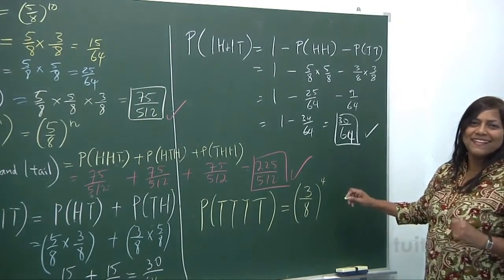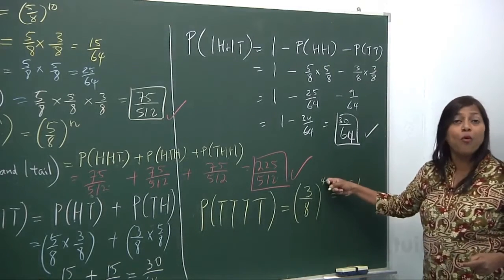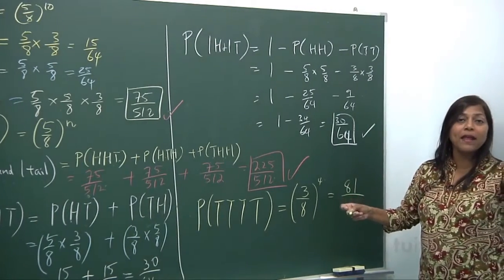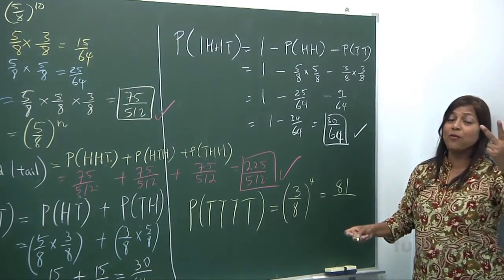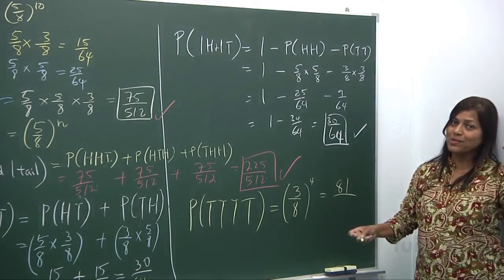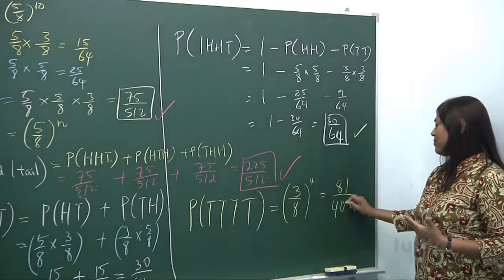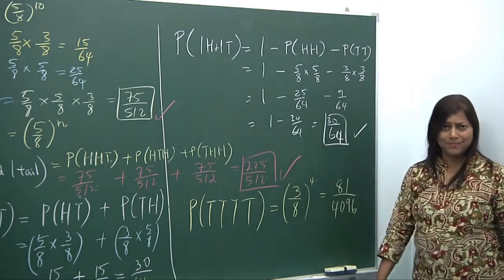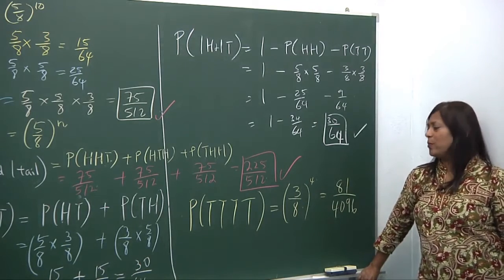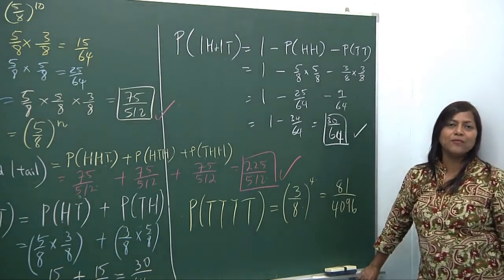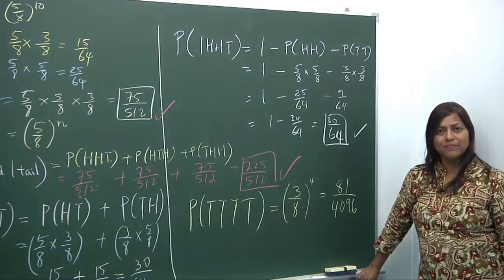Do you recall it? 3 to the power 4 is 81. 8 to the power 1 is 8, 8 to the power 2 is 64, 8 to the power 3 is 64 times 8, 512, and 8 to the power of 4 is 4096. So this is what we get, the probability of getting 4 tails.